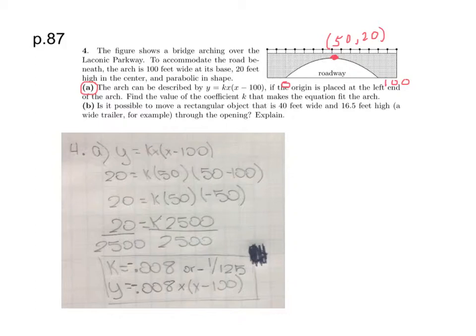So the length is 100, and then the height is 20, and then it's halfway, which is 50.